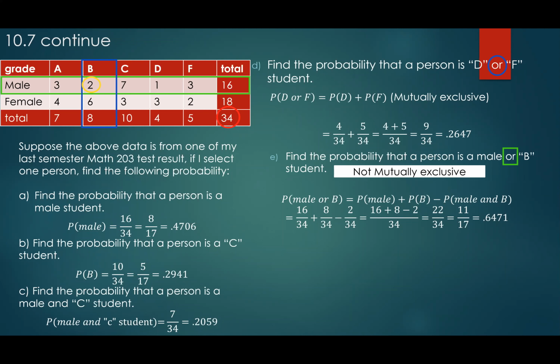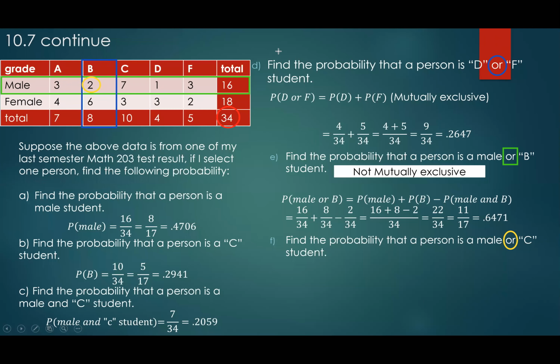Let's do this last item. The reason I give you this F is to show you that, again, the word "or" is what you will see. Find the probability a person is a male or a C student.